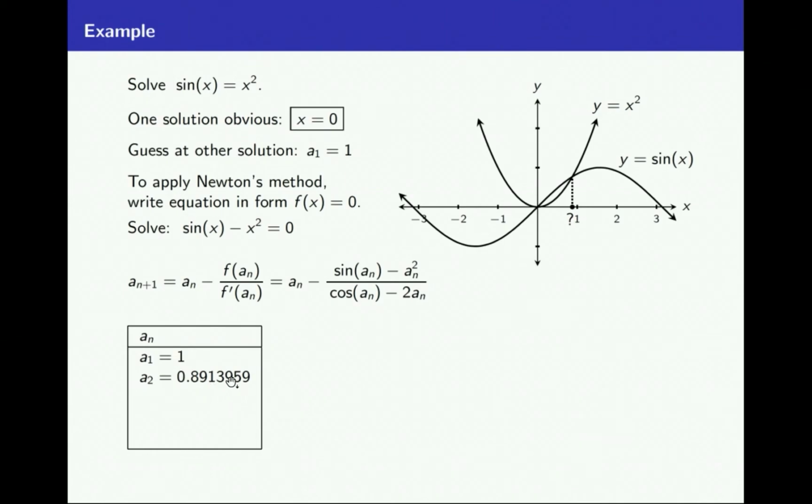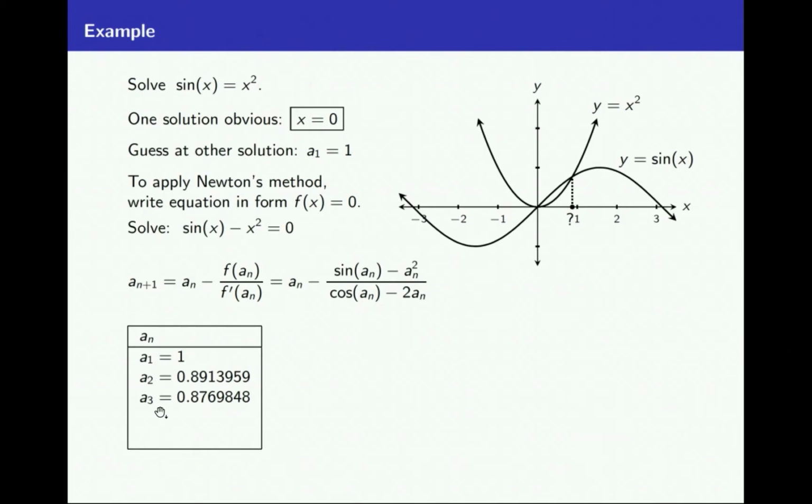You take this number and you plug it in for the a sub n's in these 5 places, and you'll get a sub 2 plus 1, which is a sub 3. And plugging in this number here, you'll find that your a sub 3 is this number to 7 decimal places. It's a little bit smaller than what we got before, so you can see you're kind of marching closer to that question mark.